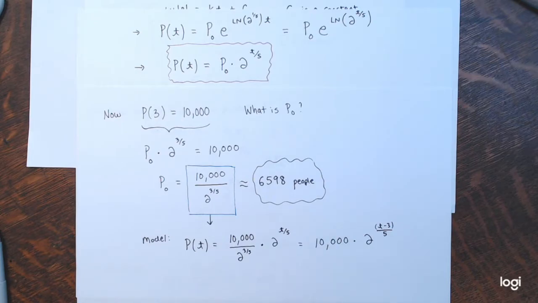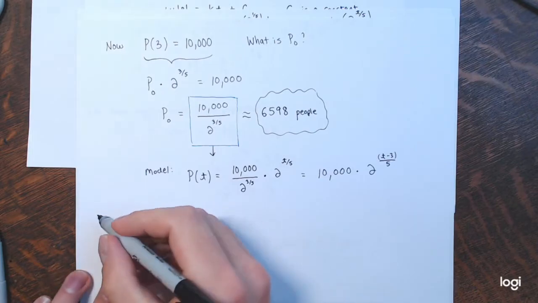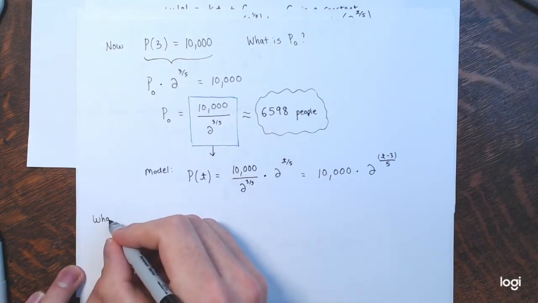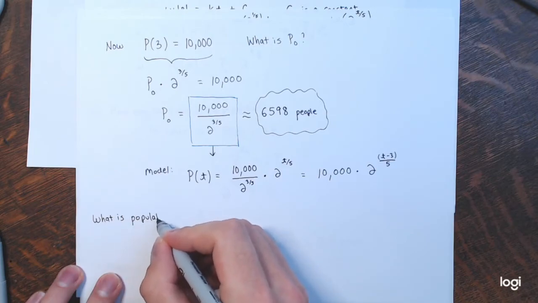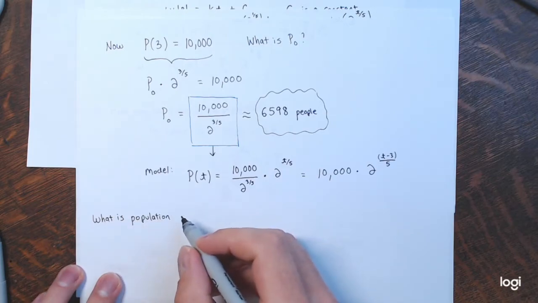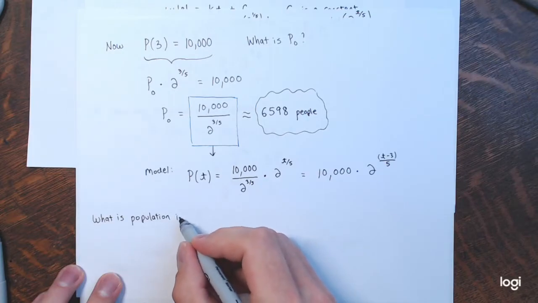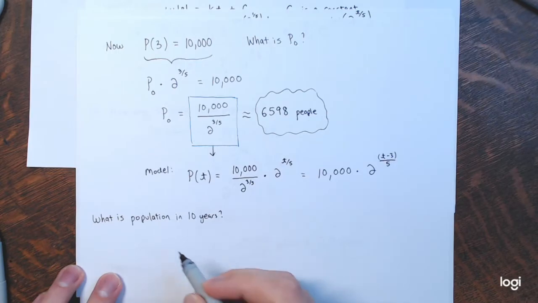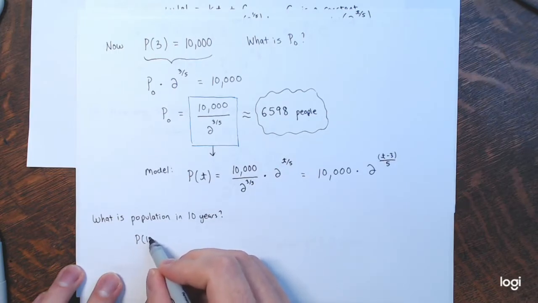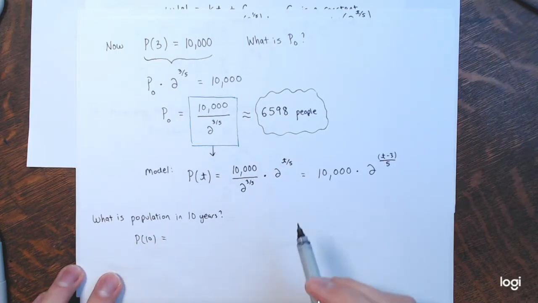Alright, so the question now is, based on this information, what is the population in 10 years, when t equals 10? So what's P of 10? It's simple enough, just replace t with 10 here.